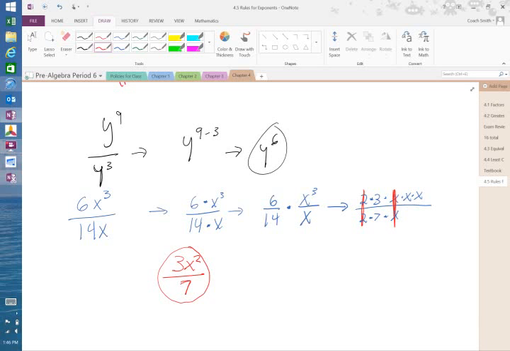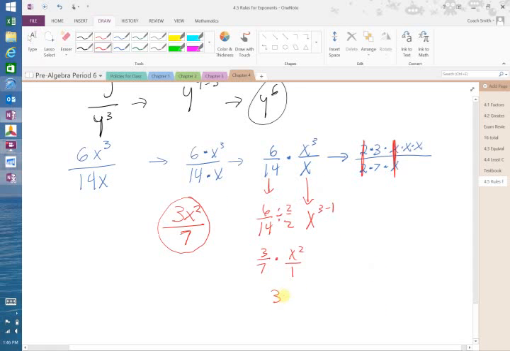Okay, and really what you're doing is this. That problem is 6 over 14, and you're dividing by 2 over 2. And that goes to 3/7 times this problem is x to the 3 minus 1 power, which is x to the second on top.